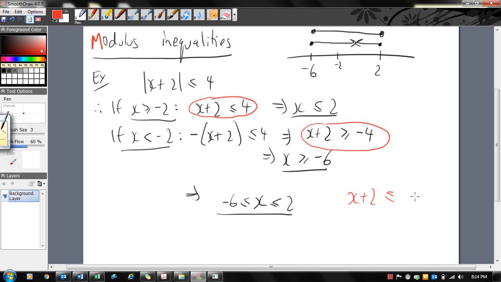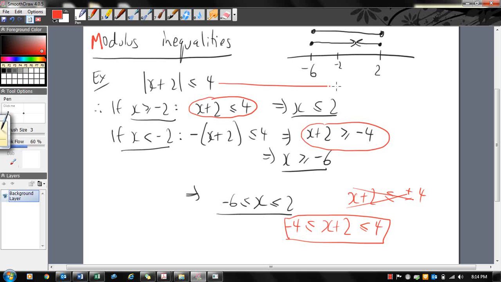But we can't just do less than or equal to plus or minus 4, because when we've moved that negative over, it's switched the sign. So what you end up with is x plus 2 will be less than or equal to 4, greater or equal to negative 4. And so you can jump straight from this to this in one step.